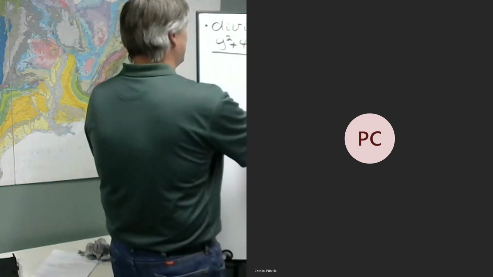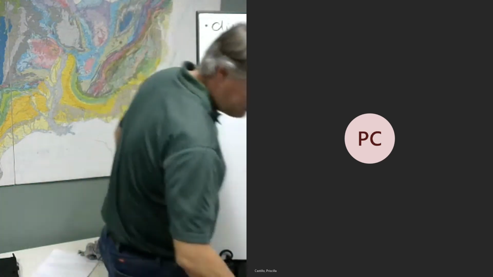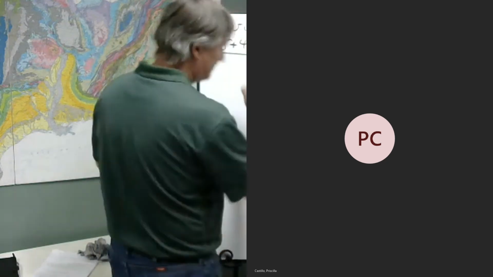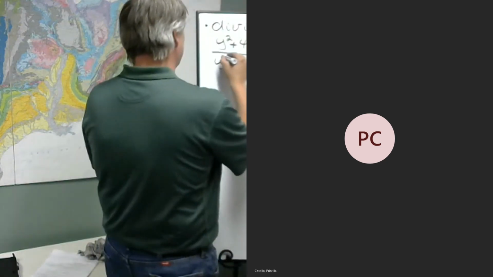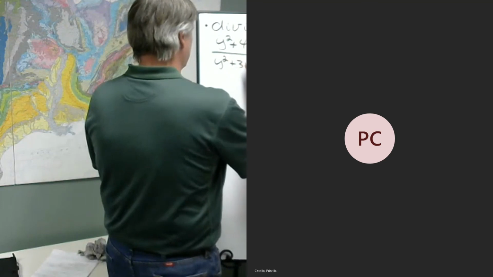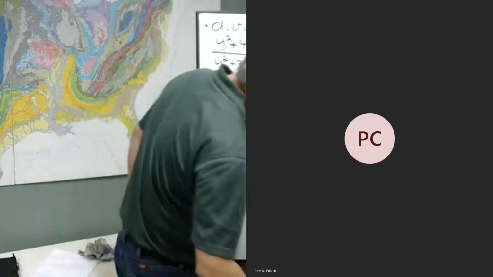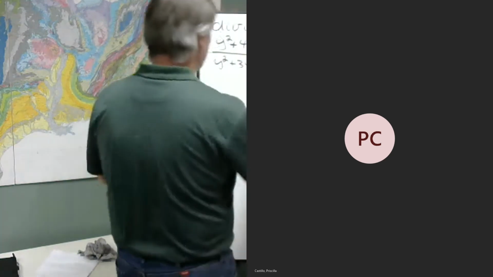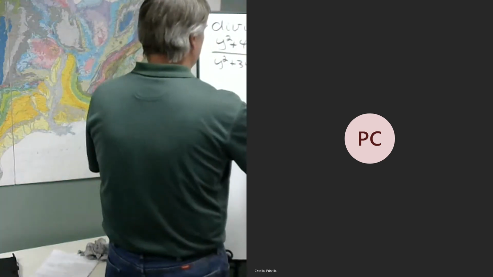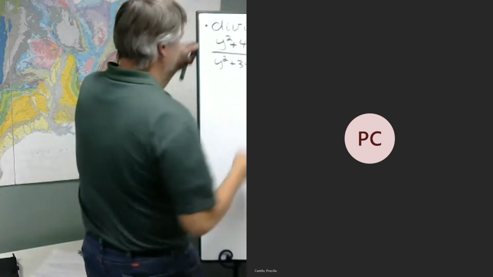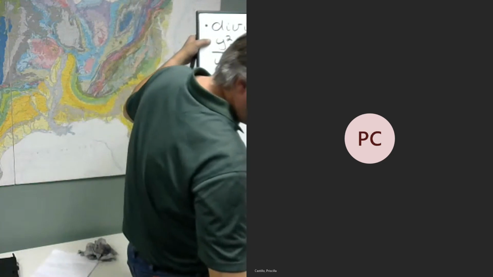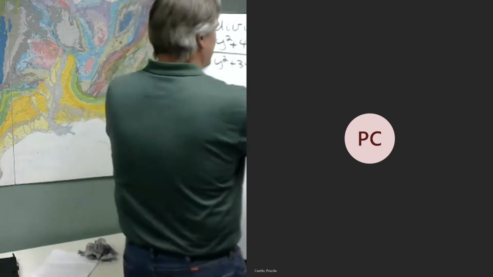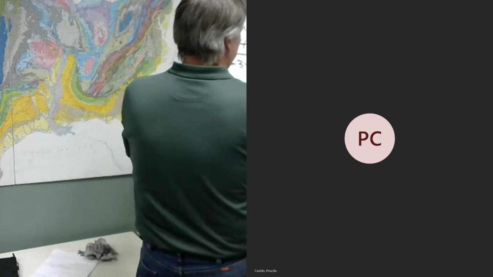There's a plus and a minus 21. I don't think so. I think it's minus 28. Let me check this real quick. Then we divide by this.